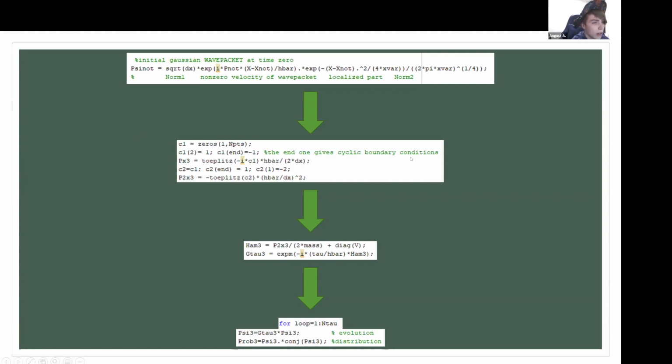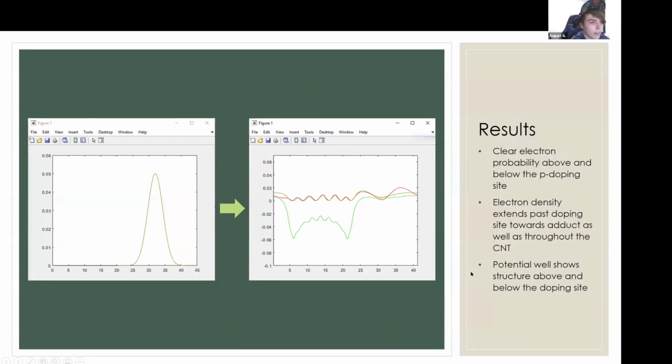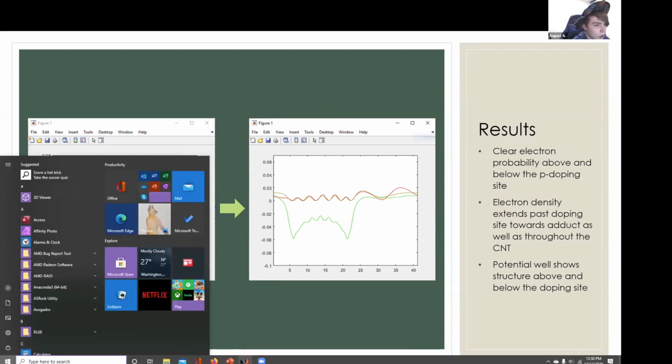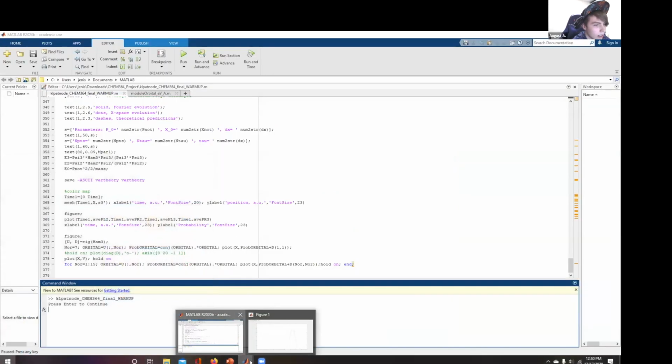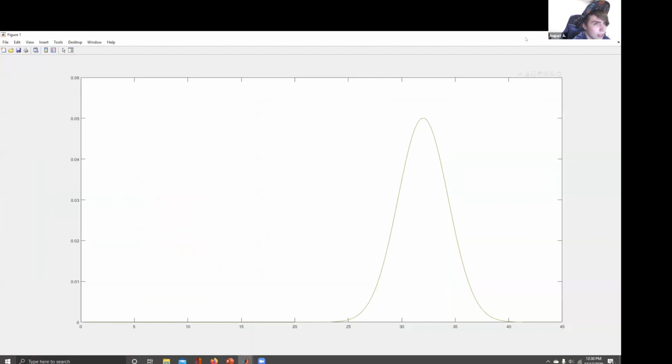Then I set my initial values and created the Toeplitz matrix that defines the derivative for the specific wave packet, and came up with the Hamiltonian along with the evolution operator, and then just looped it to create the simulation. So this was the beginning and final results. I'll show you the actual simulation here because I could not get it up on YouTube yet.